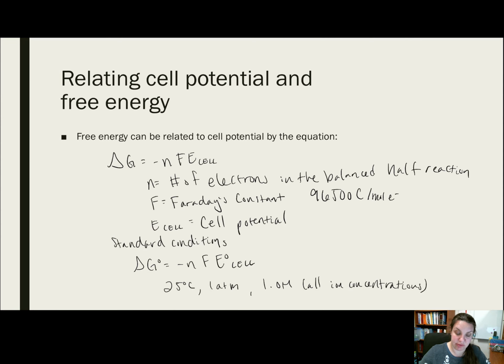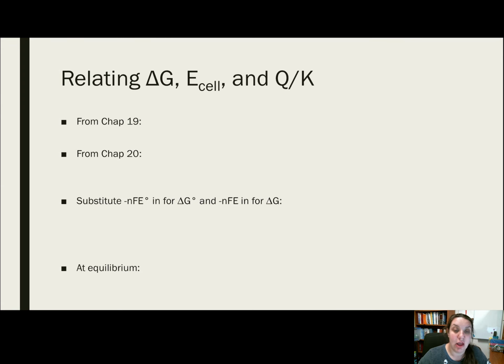Okay. Now, using this equation and combining some equations that we learned from Chapter 19, we can actually convert these into other equations.